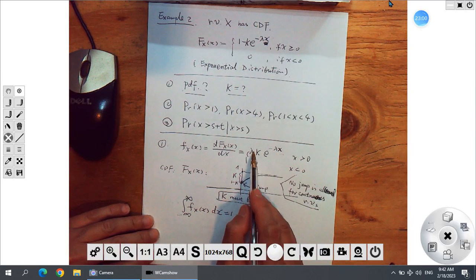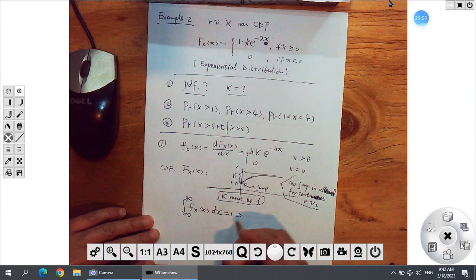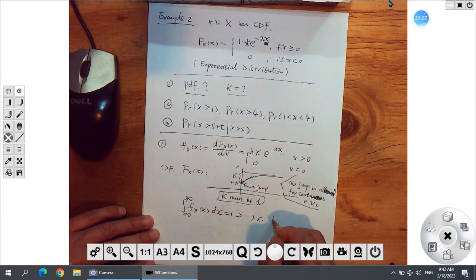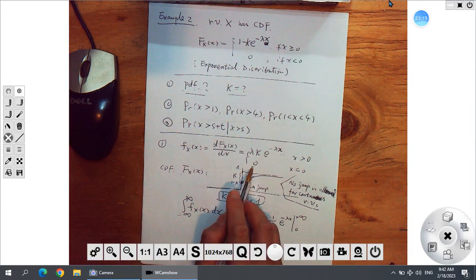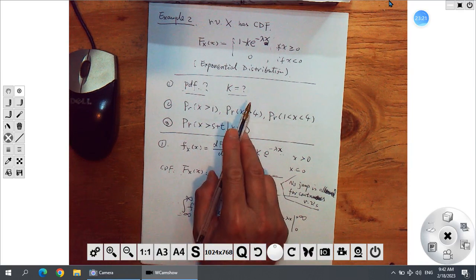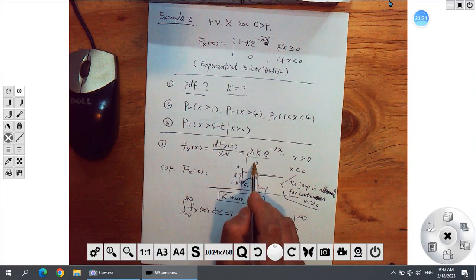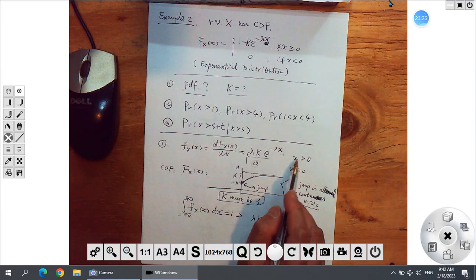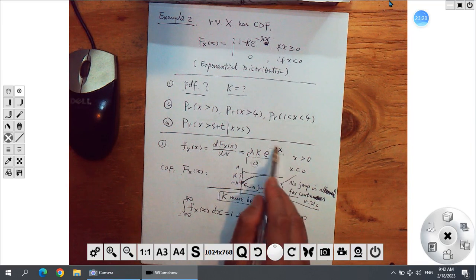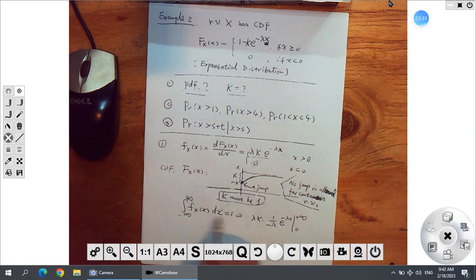So we have f_X, take the integration. We have lambda k times 1 over negative lambda, e to the negative lambda x, with x ranging from 0 to infinity. The integral is from negative infinity to positive infinity, but this side is 0, and only for positive x do we have this part. So this is just the integral from 0 to positive infinity.